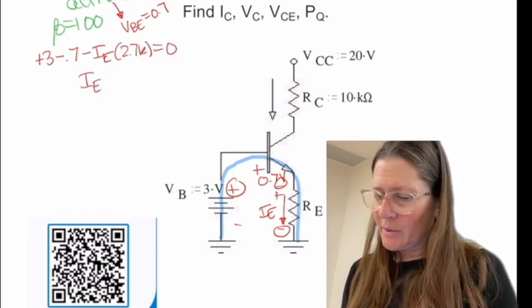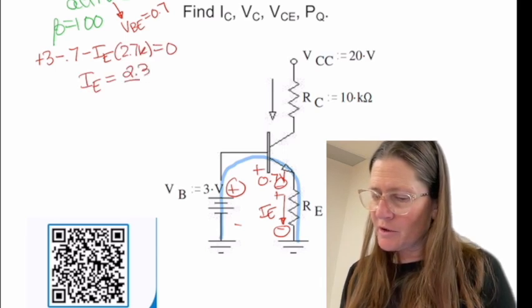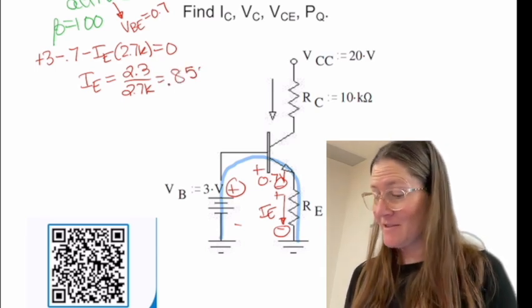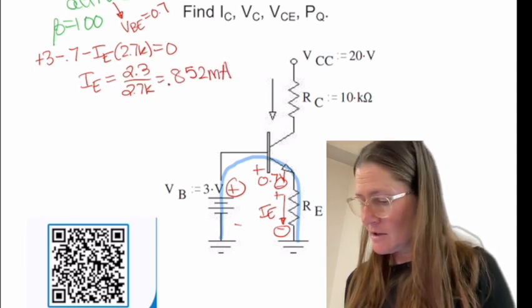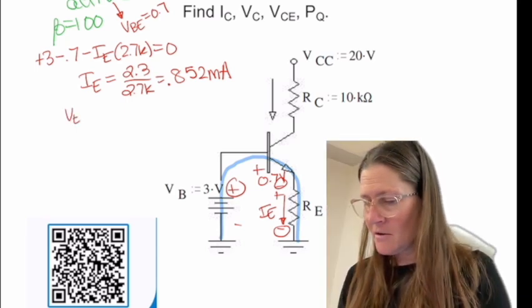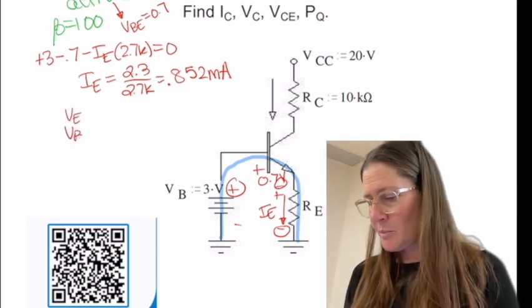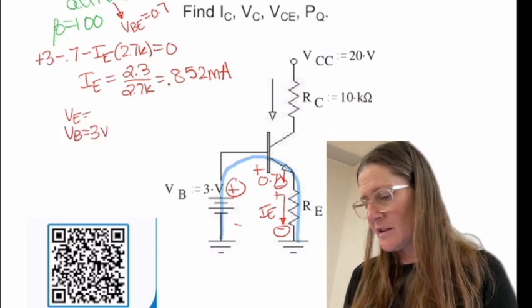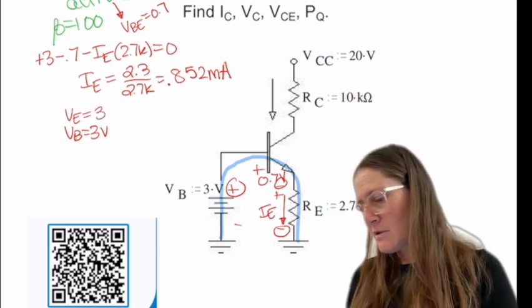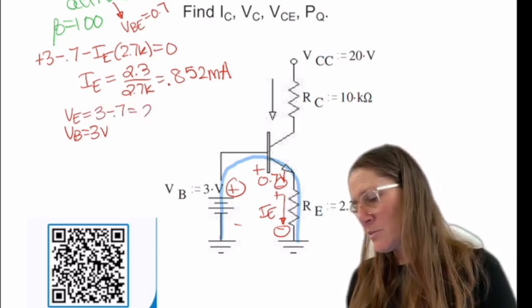Solving this, we get 2.3 over 2.7K, which gives us 0.852 milliamps. And VB is given as 3 volts, and then VE is 0.7 less than that, so 2.3 volts.